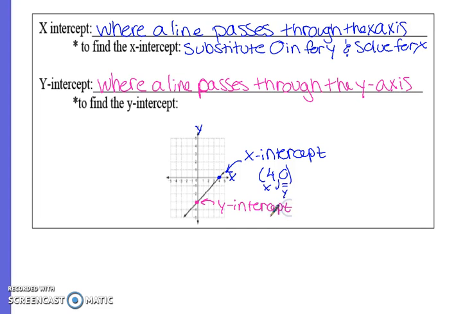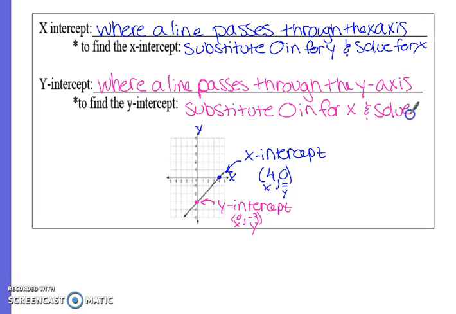And that ordered pair is 0, negative 3. So to find it, instead of substituting 0 in for y, this time you substitute 0 in for x and solve for y. Guys, make sure you know these two definitions and how you find them.